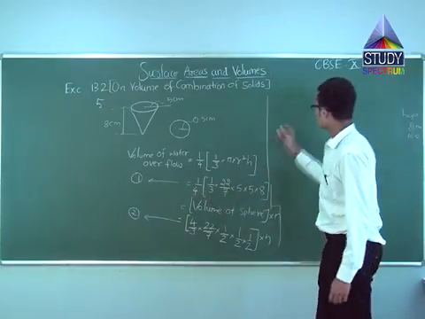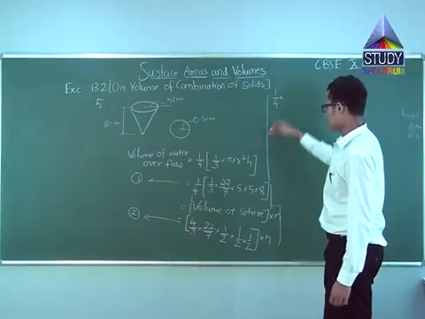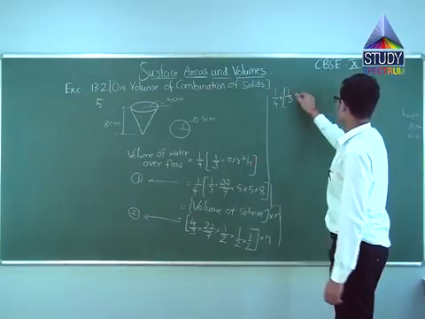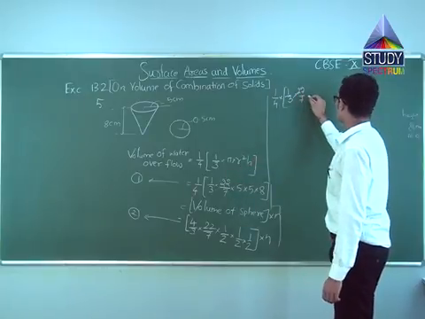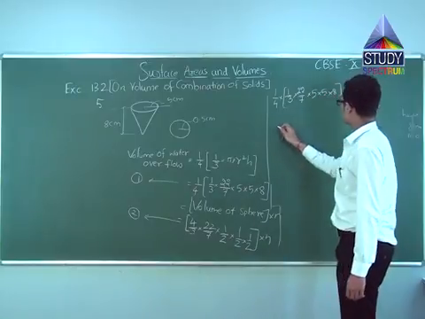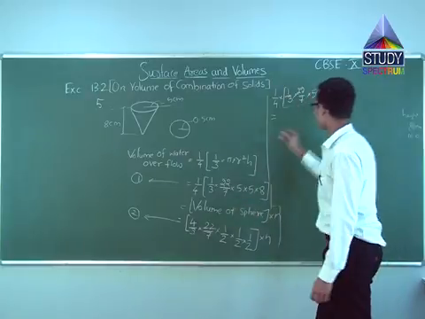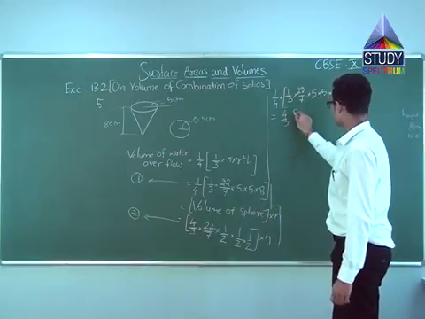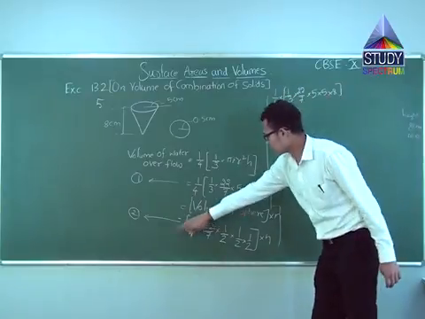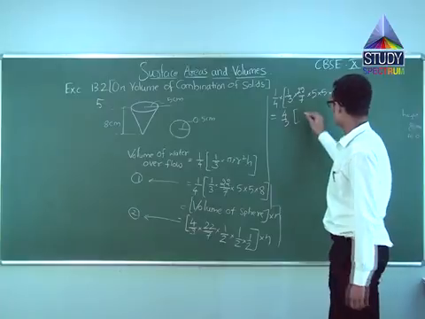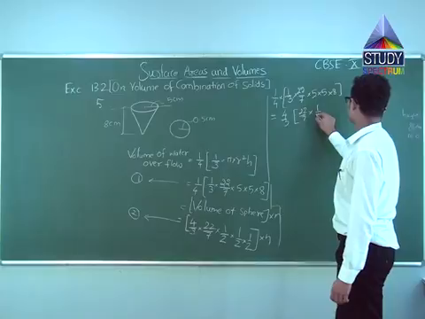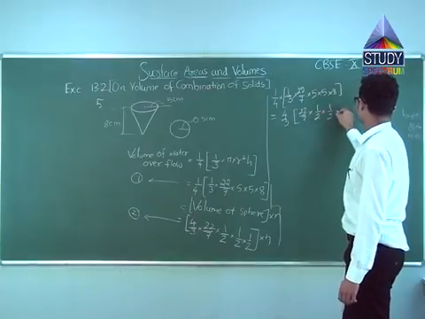So 1 upon 4 into, inside the bracket, 1 by 3, 22 by 7 into 5 into 5 into 8 is equal to this whole term, equation 2: 4 upon 3 into 22 by 7 into 1 by 2 into 1 by 2 into 1 by 2.